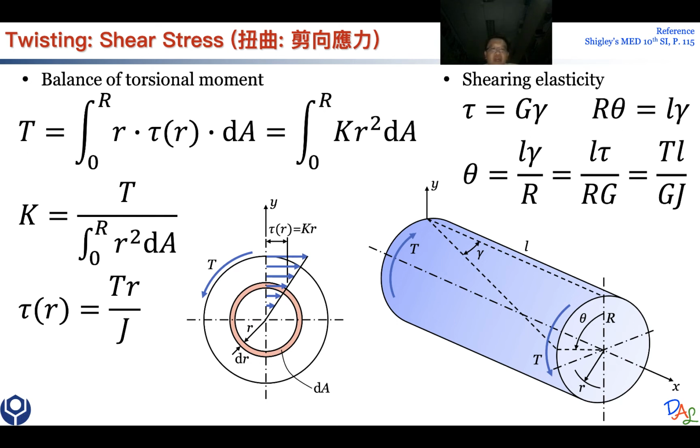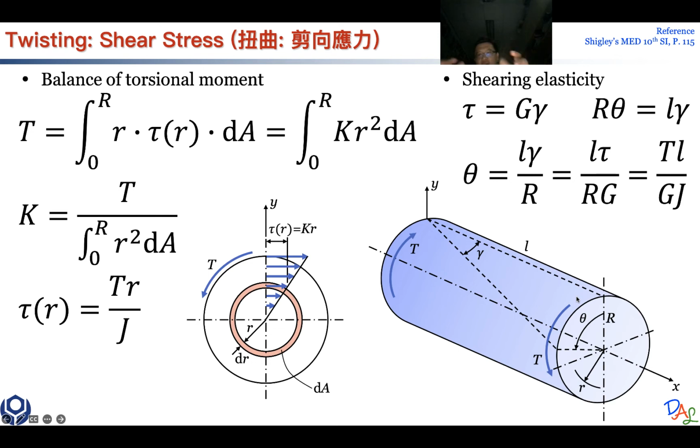Similarly, we are applying very similar equations right here, but completely different load conditions, and this time we are applying torque. There's a torque rotating clockwise on the right hand side, and another torque on the other end, but counterclockwise.